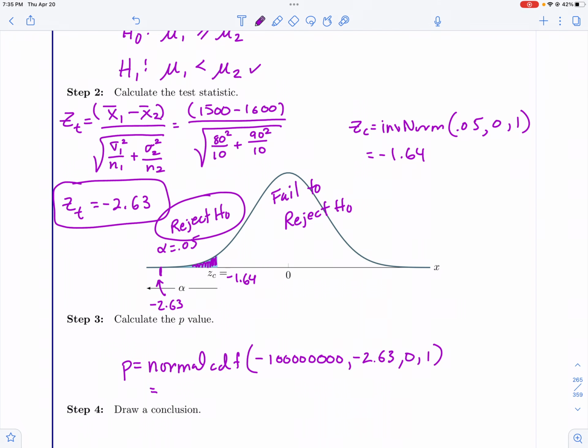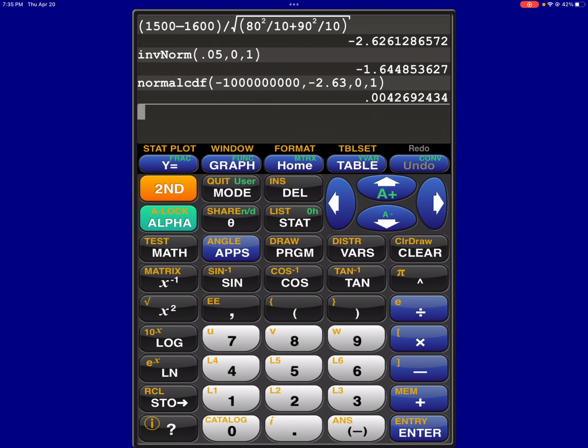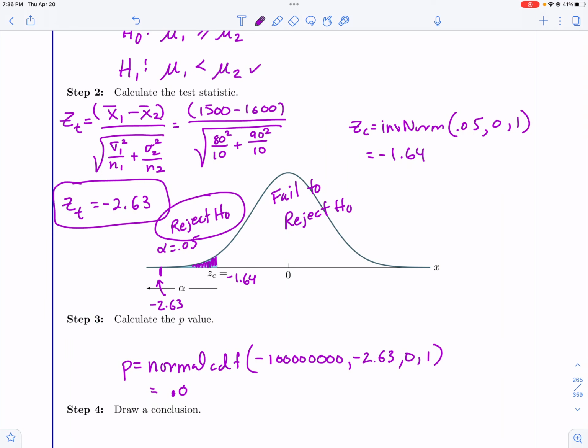So throwing this in the calculator, normal CDF, negative some really small number, comma negative 2.63, comma 0, comma 1. And we end up with 0.0043 for our p-value, which is definitely less than our alpha of 0.05. So our p-value supports our graphing method above. So again, for both cases, we're rejecting H naught.